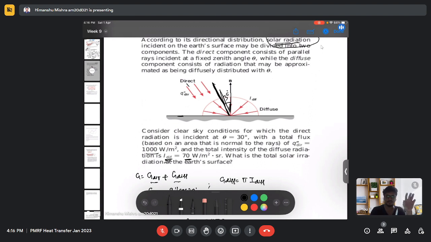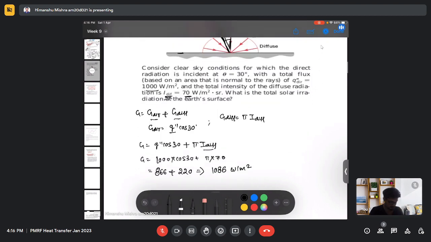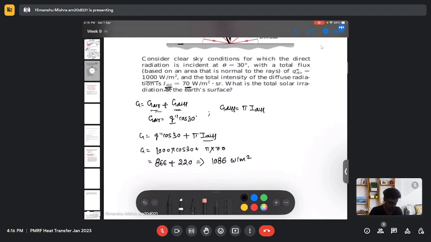Since the radiation is received by the surface in two forms, one direct and one diffusive, there will be an irradiation due to direct nature and an irradiation due to diffusive nature. So we just add both components here.